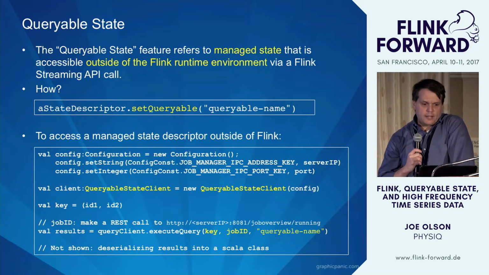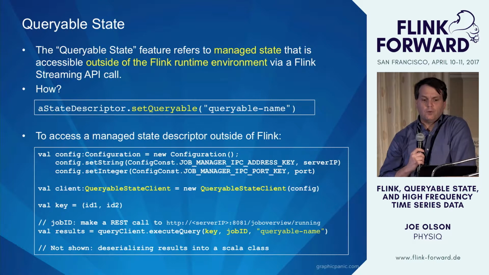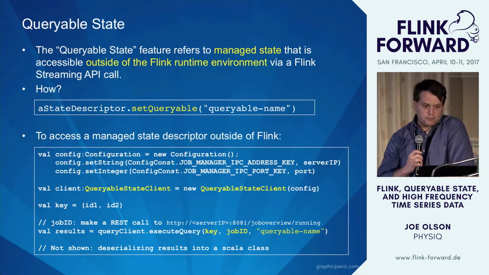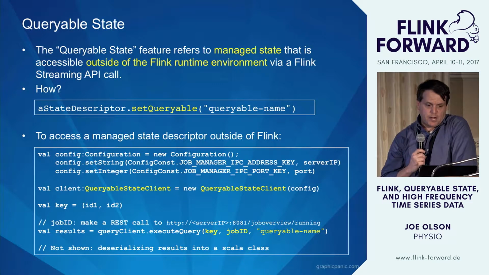So the way you do that is very simply, you set the descriptor for the state to queryable. You say, I want to make it queryable, and you give it a friendly name, which you can query. And then to access managed state from outside of Flink, it's very simple, a couple lines of code. You set up a configuration pointing at your Flink servers. You set up a client, and then you go in with 3 arguments.